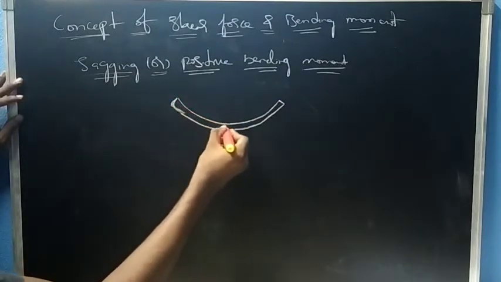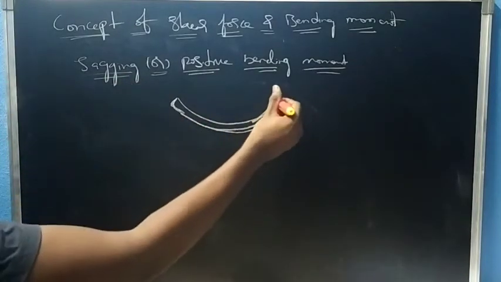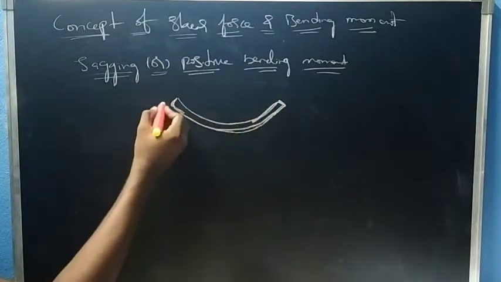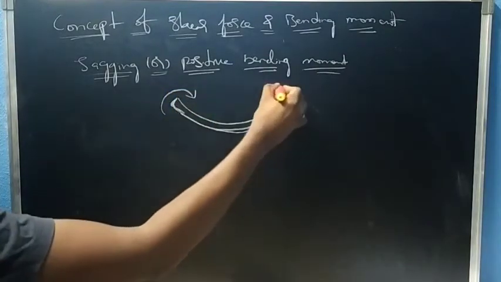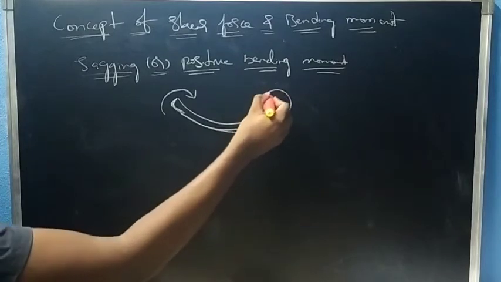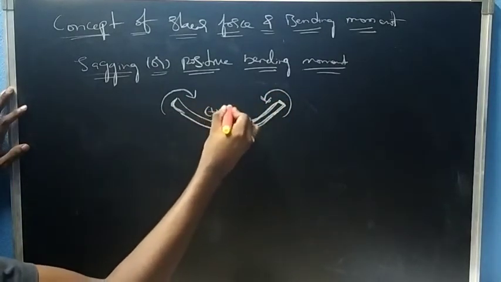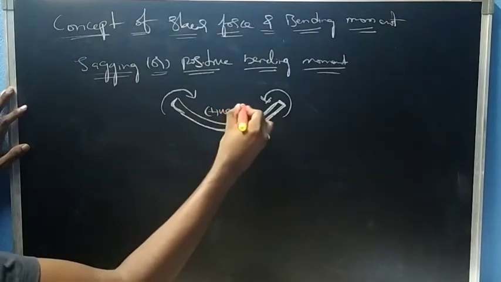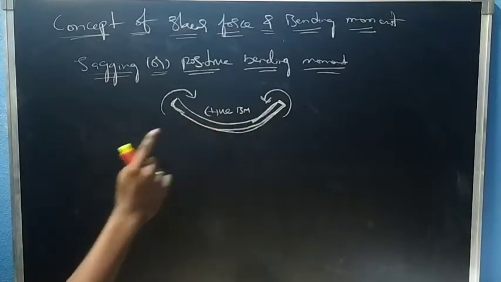If the bending of a beam has a sagging shape, here is the moment. So this we take as positive bending moment. For shortcut I write BM. So positive bending moment.